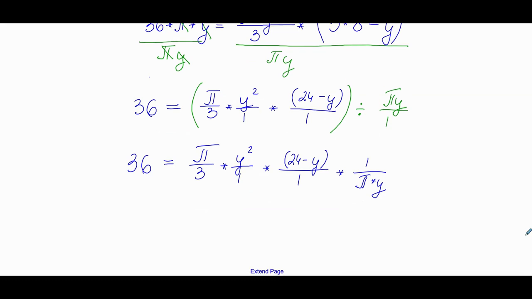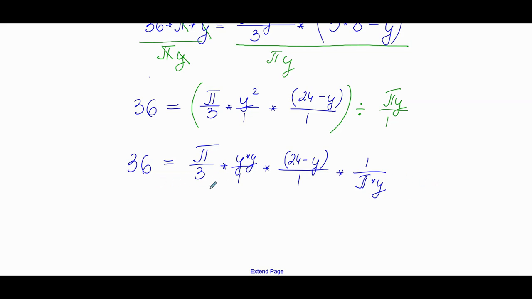Now I am even going to change this power of 2 to y multiplied by y, so that everything is broken down. As you can see, if you are dealing with a fraction and multiplication, just change everything to fractions. It will make it easier.